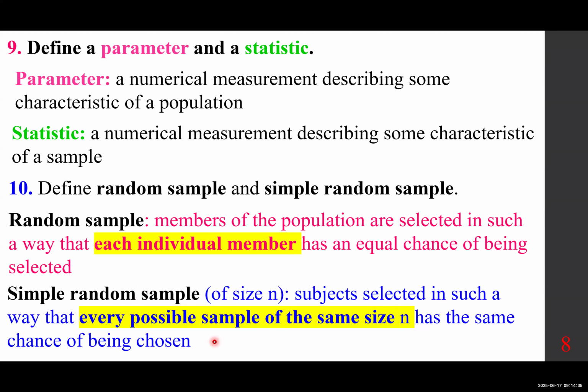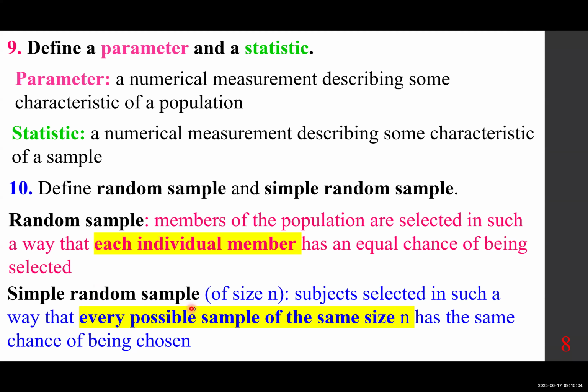The idea is that in the case of a random sample, everyone has the same chance of being picked. For example, in a class of 30, every student should have a chance of 1 out of 30. That's a random sample. But in the case of a simple random sample, you look at a specific sample size. So you want to pick a sample of size 2 or 3 or 4 or 5.